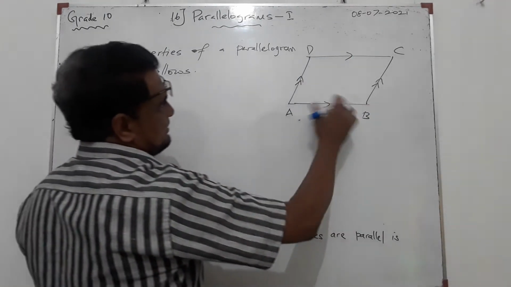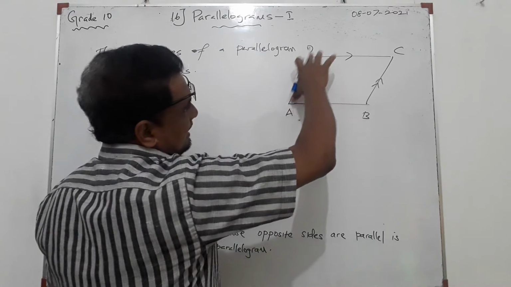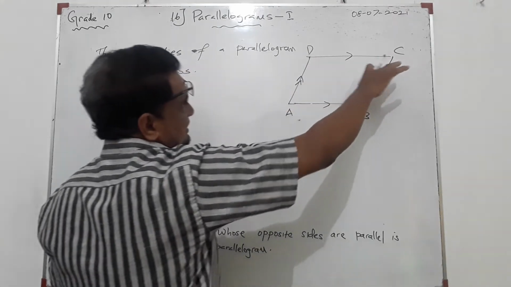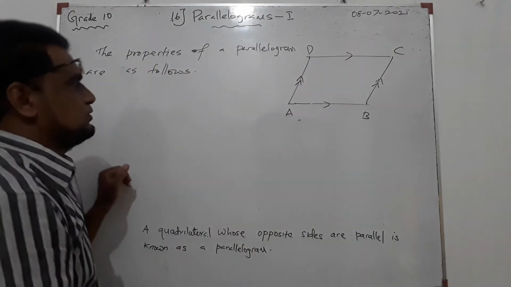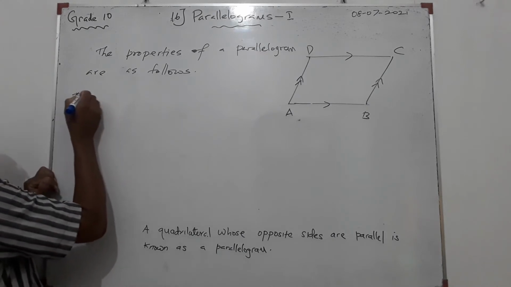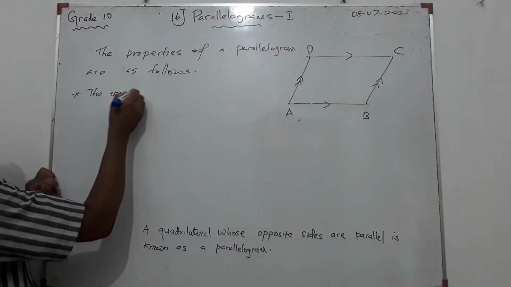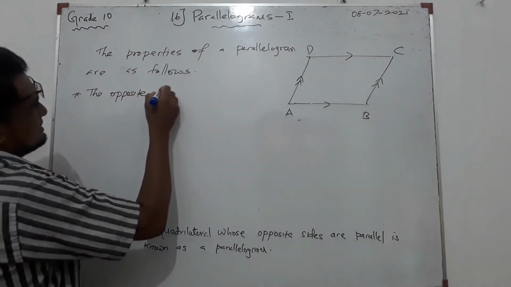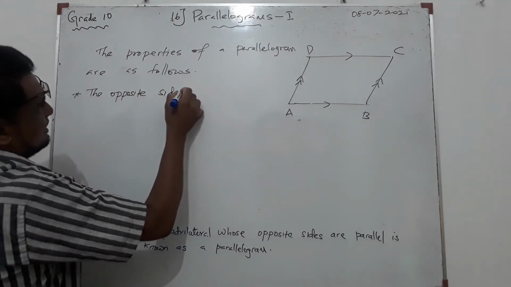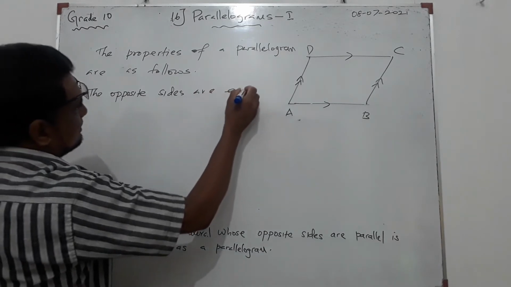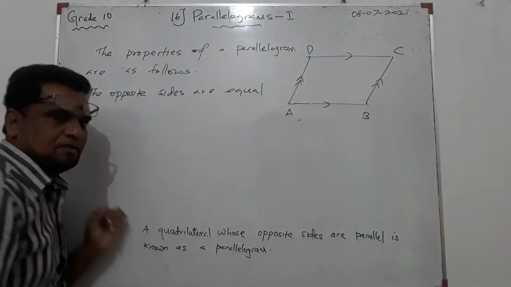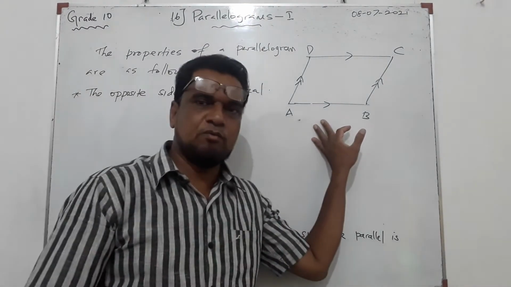Similarly, you can do the same for line segment AD and line segment BC. They are also equal. So you can write the first property: the opposite sides are equal. First one is done for you.